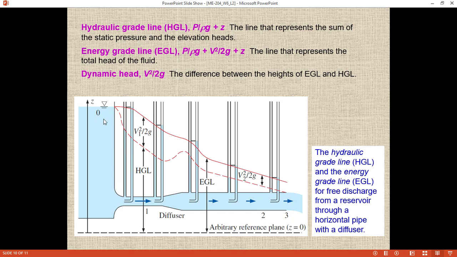So static head decreases, and the difference is v square over 2g. Since it has entered the pipe, there are some losses due to the contraction of the area. So this energy line is not straight, it also reduces. This is the loss due to the area.